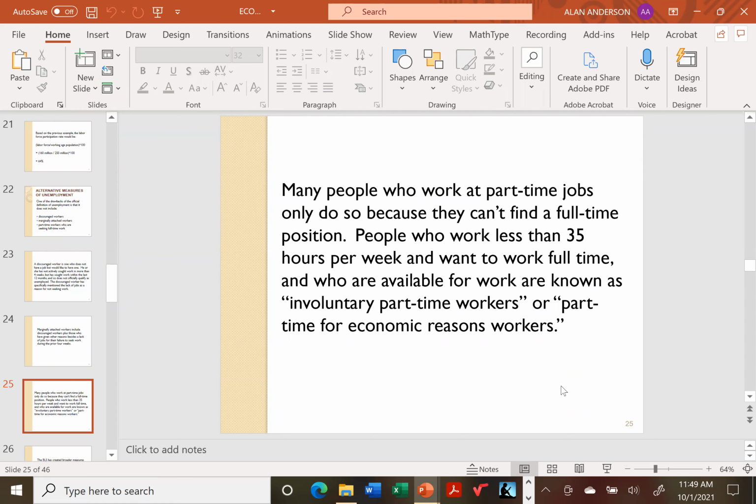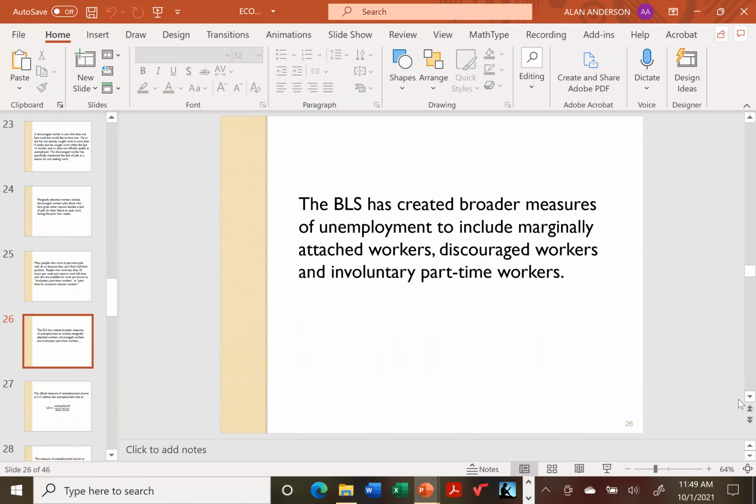So what do you do with these people? Should they be counted as employed or unemployed? It's hard to say. So because of all these people who don't really neatly fit into any category, the Bureau of Labor Statistics actually has 6 unemployment measures. Some of them are very narrow and some of them are very broad.